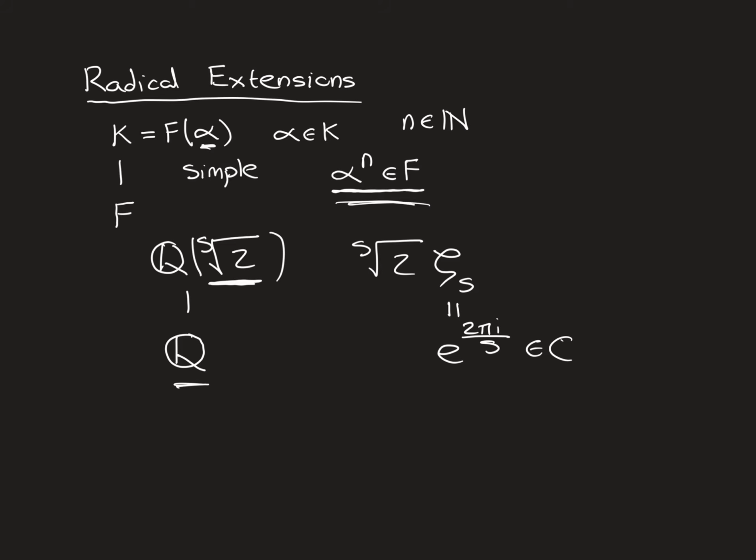So this is in the great big field of complex numbers, which we know is algebraically closed, the fundamental theorem of algebra. So you could actually put an i here, where i can be 0, which would give you just the real one, 1, 2, 3, or 4, and all of those are going to be fifth roots of 2 in the complex numbers.